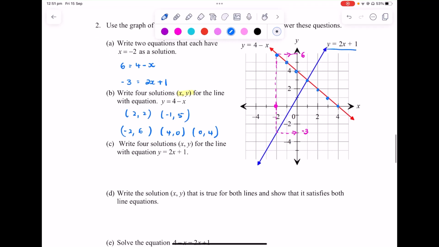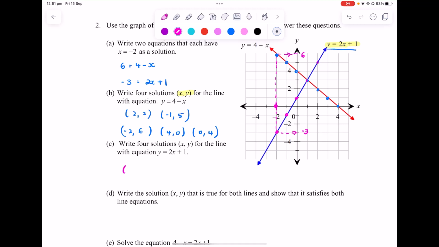And question part C is exactly the same with a different line, our line y equals 2x plus 1. Pause the video, see if you can do it without my help. And for those that were unsure, I'm just finding points along my line and writing them down.